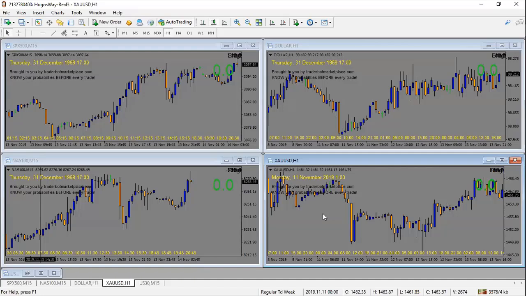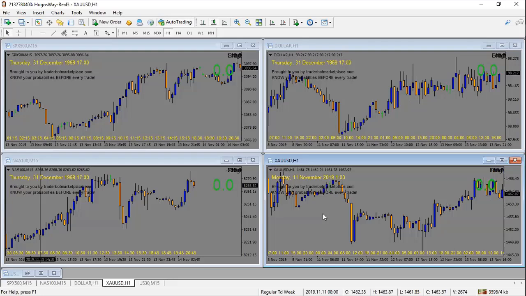Let's see how I put this. In reference of speed, pip amount, and volatility, this is how it'll go. It'll be the dollar index. It'll be slow. It'll move the least amount. Then it'll be SPS 500. It'll move the same direction as the dollar, but it'll probably only move about 100, 150, 200 pips.